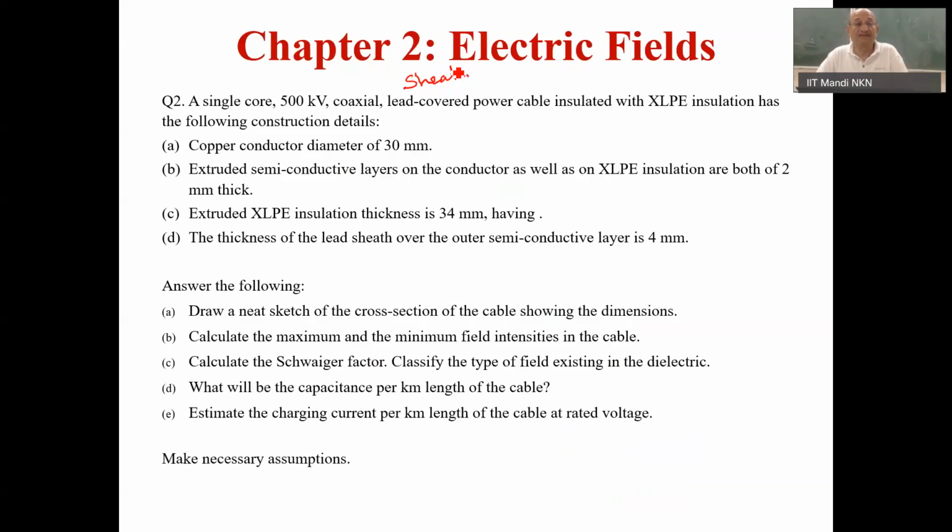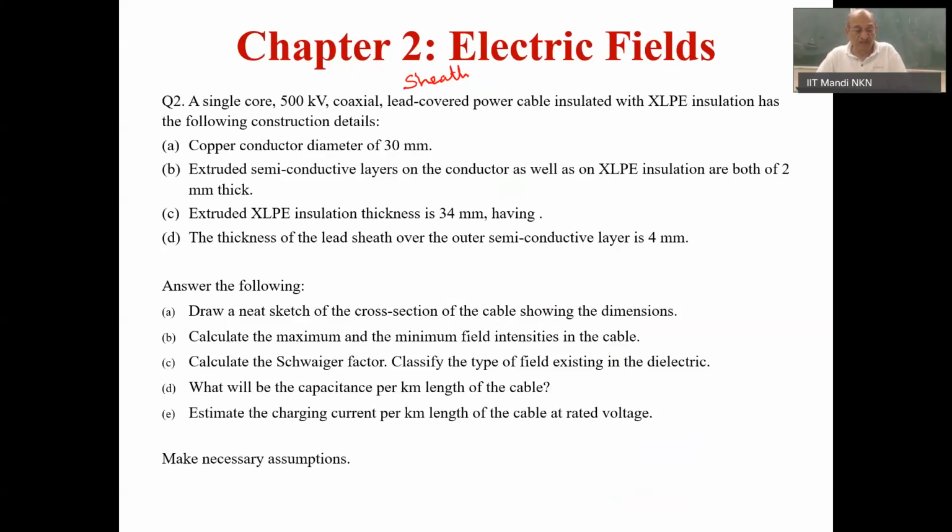And to make the conductor flexible, because you need to roll it on the drum for carrying it away, then unroll while laying, you need flexibility in the cable. To achieve the flexibility, you make the main conductor out of stranded wire. So the stranded wire conductor may not have a smooth finish over it.